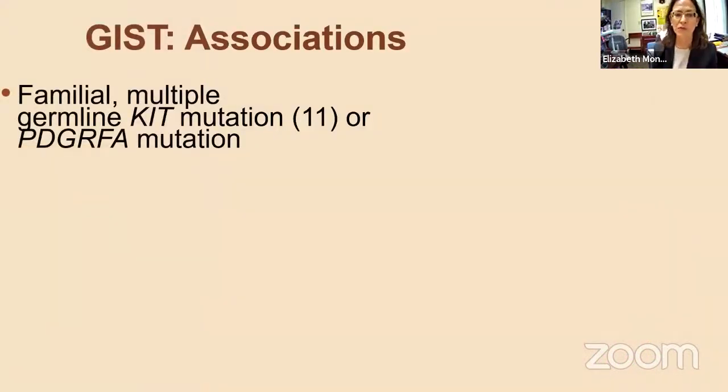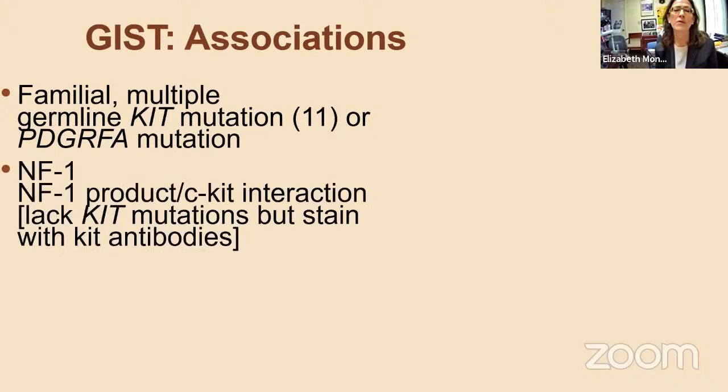So what are the associations with GI stromal tumor? Of course, they can be familial and multiple in patients with germline KIT mutations, typically exon 11, or germline PDGFRA mutations, so they get both GIST and inflammatory fibroid polyps. And then there are those that are associated with NF1, neurofibromatosis type 1.